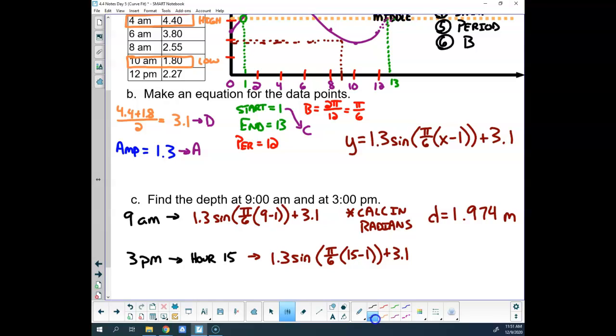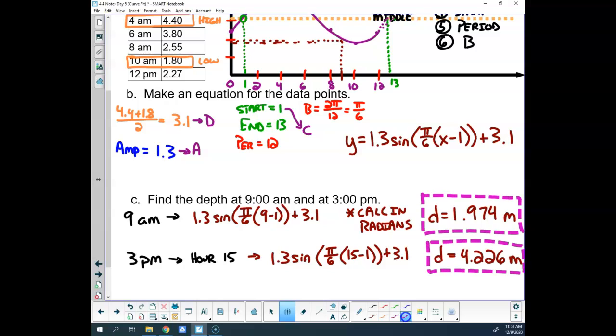Again, making sure that we are in radians. So that was 14. And there I get my depth as 4.226 meters. Yes?